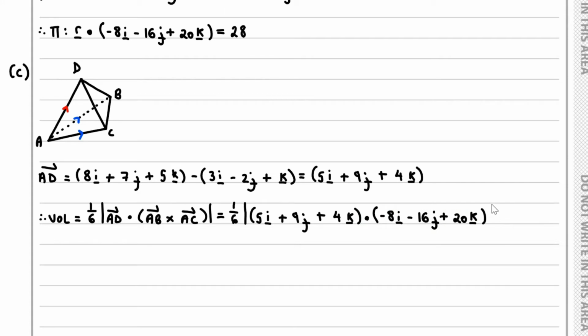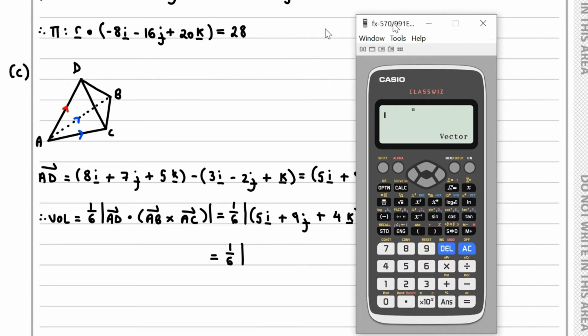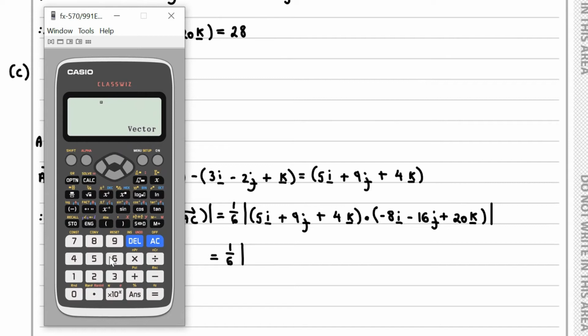Now what we will do is find the dot product of those before we do anything else. So we've got 1/6 of, here we have 5 times minus 8 plus 9 times minus 16 plus 4 times 20.